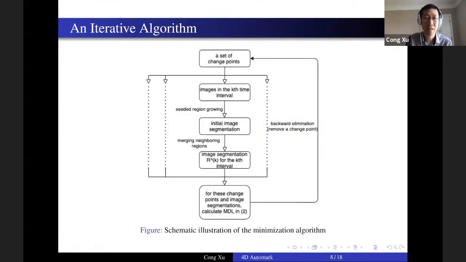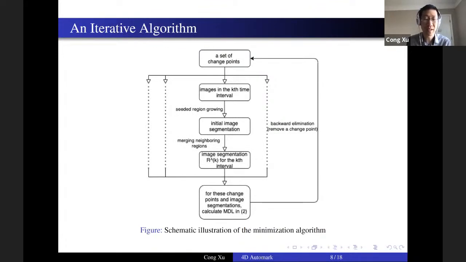So specifically, to minimize the objective function, we define this kind of algorithm. Here I skipped the way to define the function. For the algorithm, it's an iterative algorithm. So the idea is that at every step, given a fixed set of change points, we apply some image segmentation algorithm on each of the time intervals.